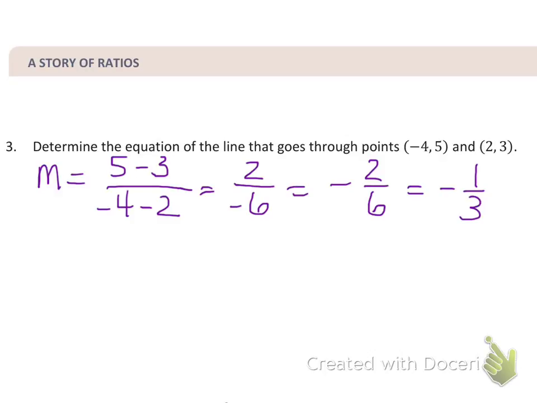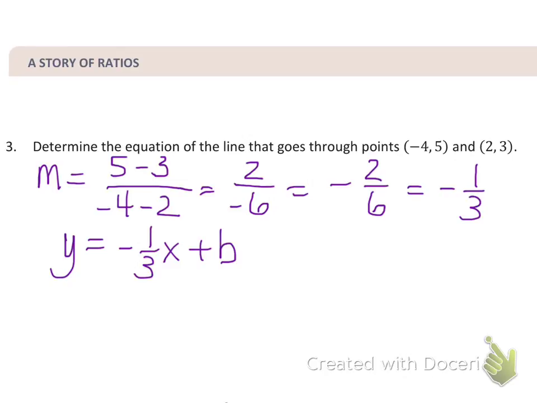All right, so we know that any line can be written in the slope-intercept form. y equals the slope times x, so we have y = negative 1/3 x plus some number, the y-intercept. Okay, so we're going to go ahead and plug one of our points in, and I'm going to choose this one, (2, 3).